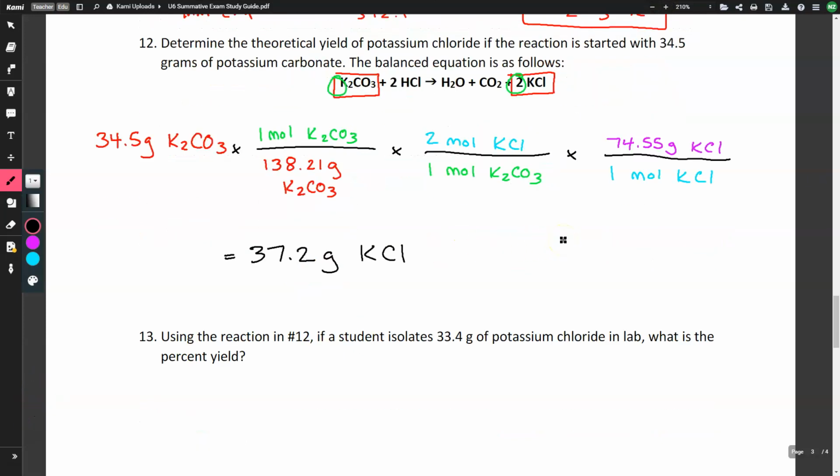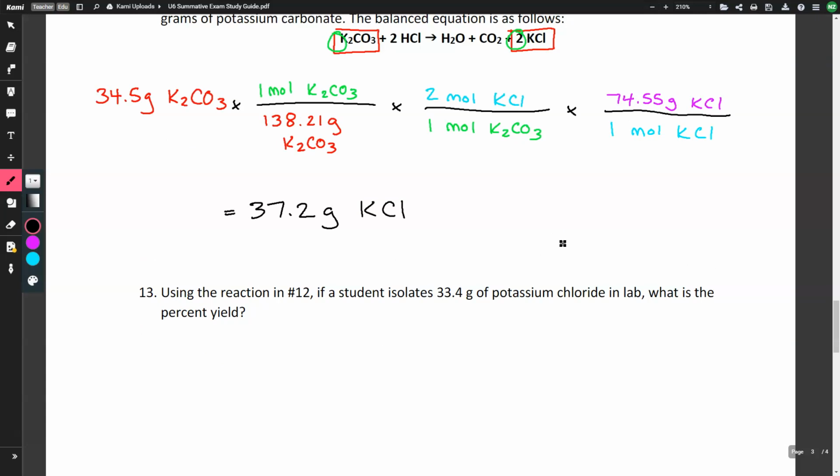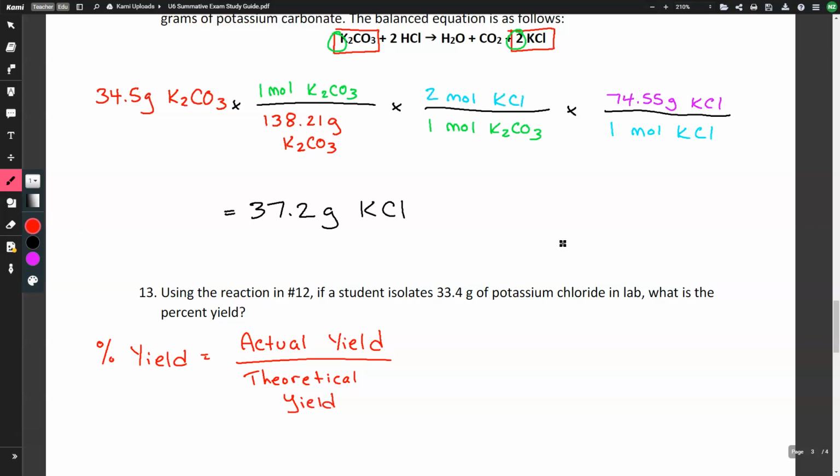Using the reaction in number 12, if a student isolates 33.4 grams of potassium chloride, what is the percent yield? Okay, so the formula for percent yield is actual yield over theoretical yield times 100.